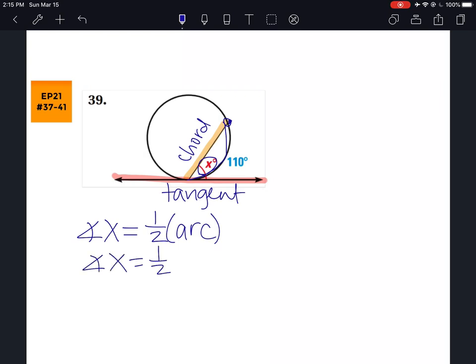So angle x is equal to 1/2 of 110 degrees, which means the answer would be 55 degrees. So remember, I multiplied by 2, and if I were to go backward, I divide by 2. And that's how you do a particular problem.